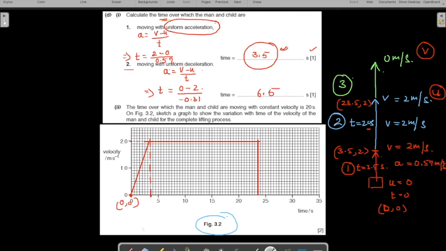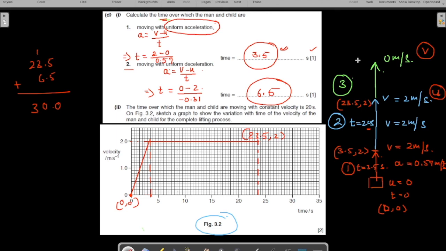Yes. So this is your dotted line used for construction work, not a final graph. So this point here is 23.5 and 2. And after this point, how much time did it take to decelerate? 6.5. So 23.5 plus 6.5 is how much? Let's add them. It is the 30th second.